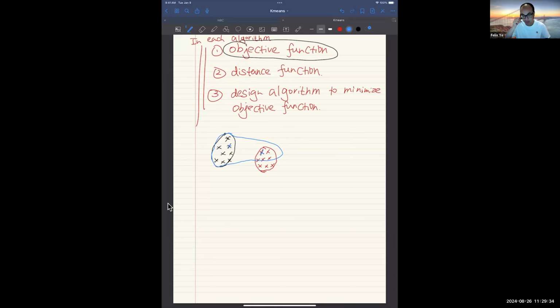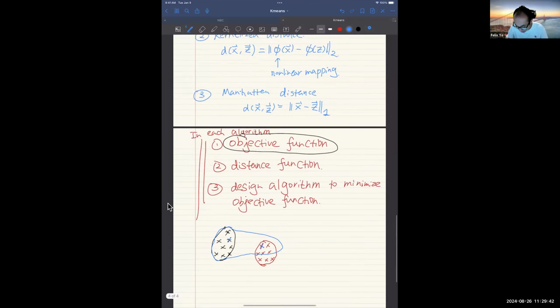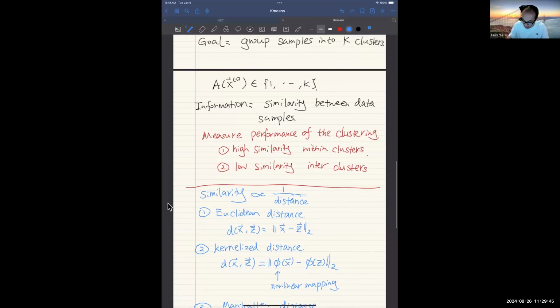So technically, clustering the black and the red is more reasonable. It satisfies our measure of performance for clustering, that is high similarity within the cluster and low similarity between clusters. So this is the general rule.